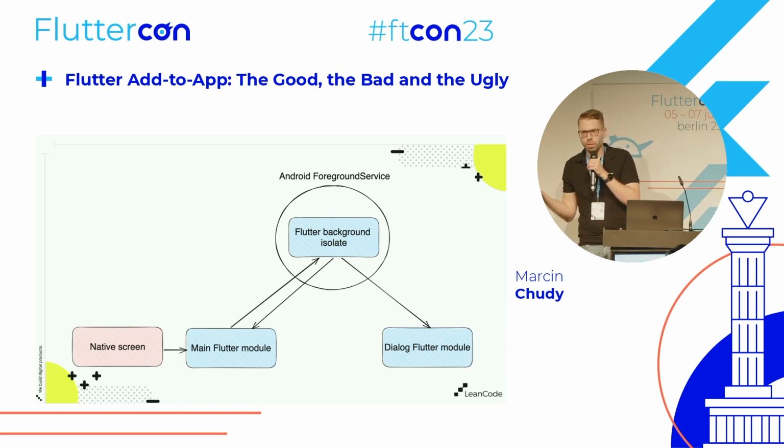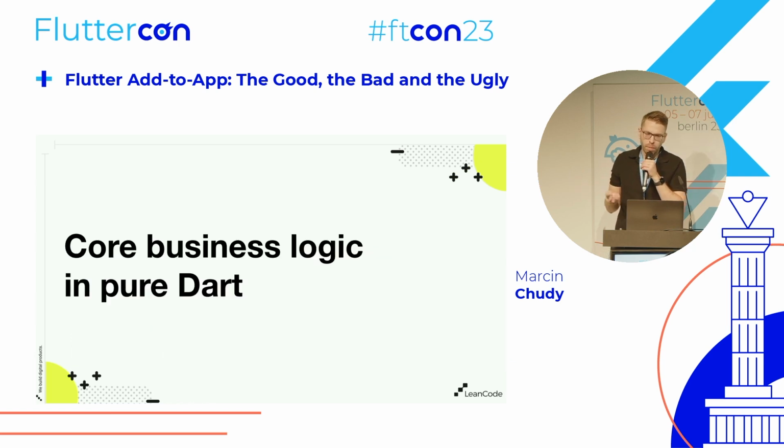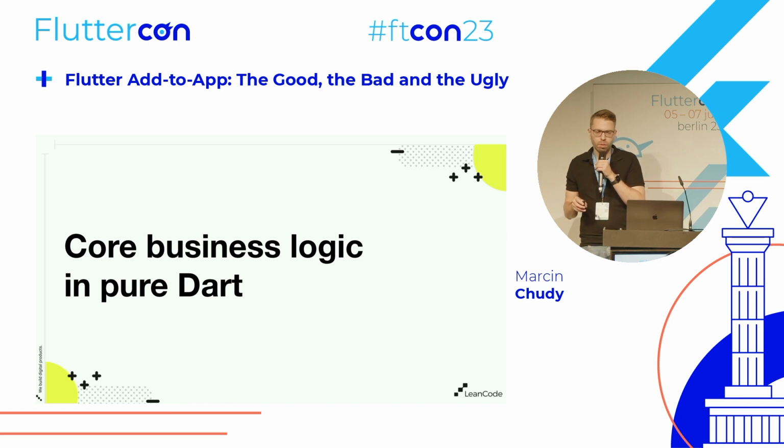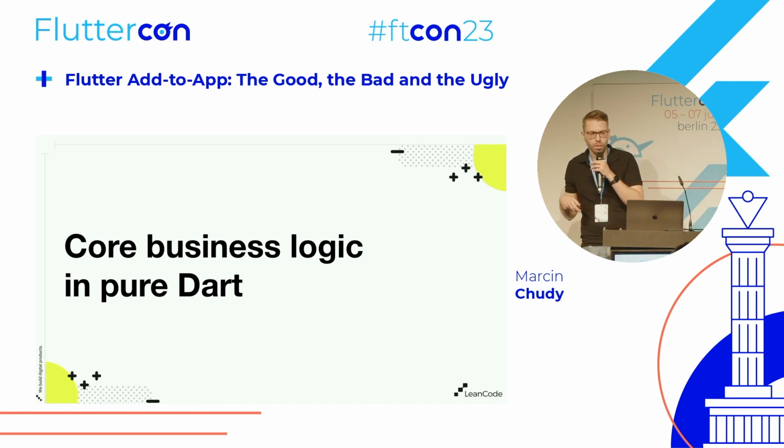And we could reuse the native code to do that, because we had the native implementation of those services, but we wanted to prove that we can actually re-implement the whole logic in Dart. So the whole business logic, which was like a huge state machine, was actually re-implemented in Dart. We ended up with pure Dart code for business logic, and only some infrastructure code that was Kotlin and Swift.